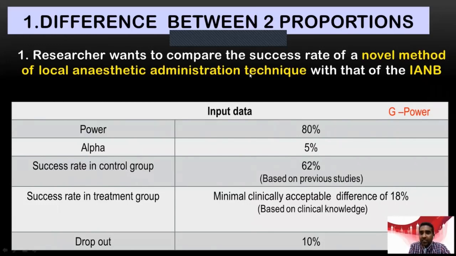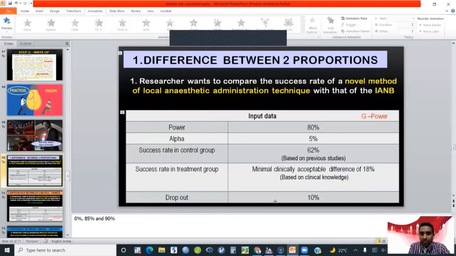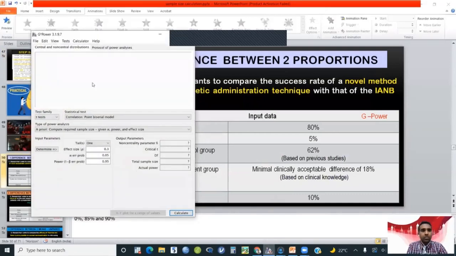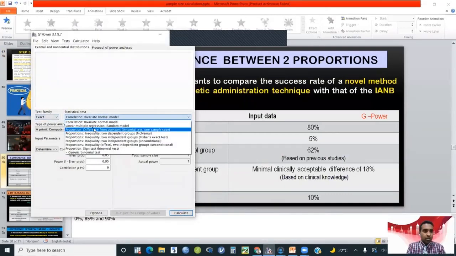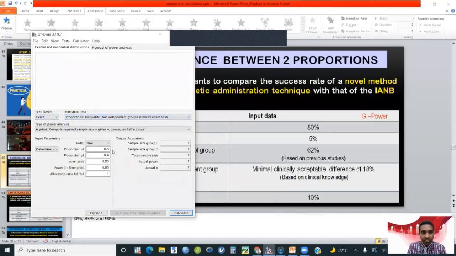So let us try to calculate sample size using G-Power software. Let me open the G-Power software. The sample size is going to be based upon the proportions. Proportion, two independent groups. Fisher's exact test is the statistical test we are supposed to use. It's a two-sided test. What is the proportion for the first group? It is 62%. And for the second group?